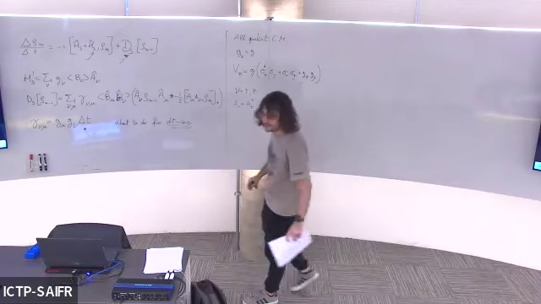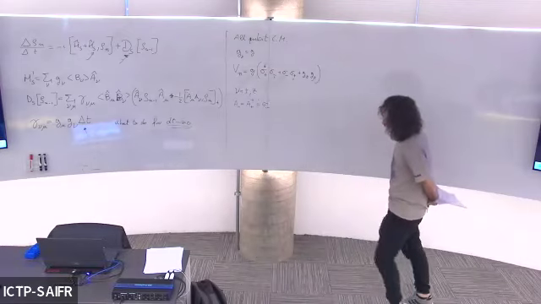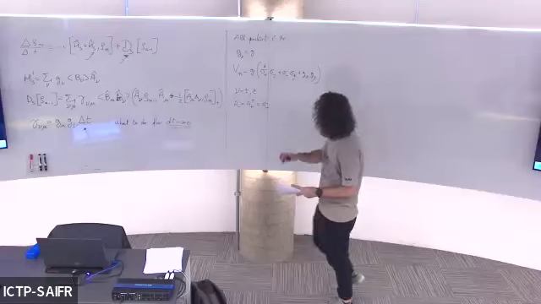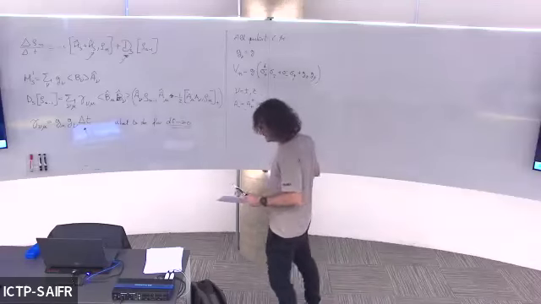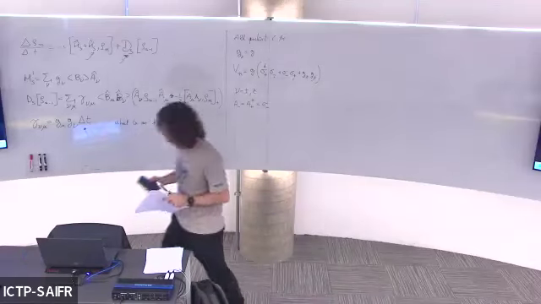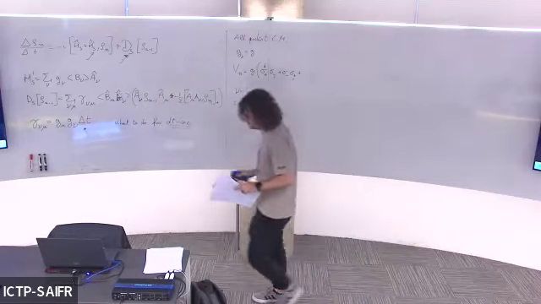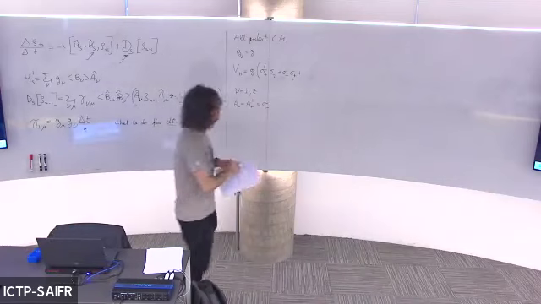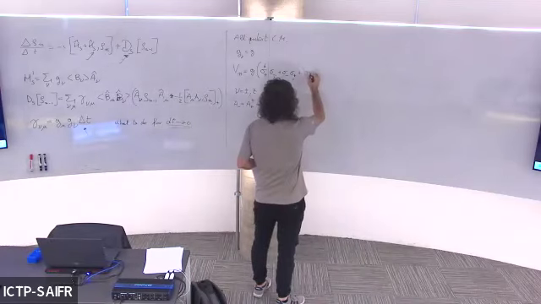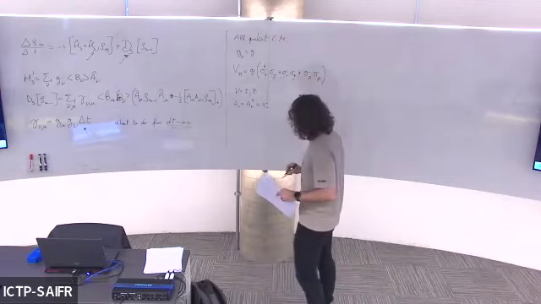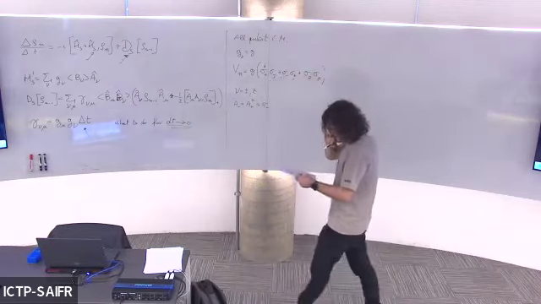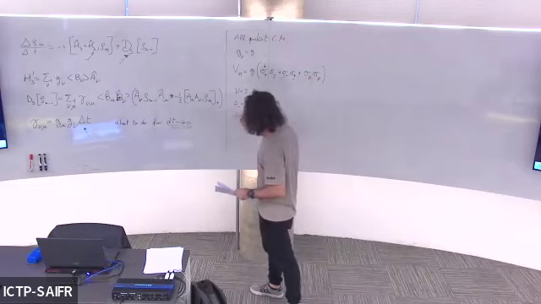Sorry, the g_z is times sigma z. Sorry. Absolutely, sigma z. This, okay, and A_z is equal to sigma z.